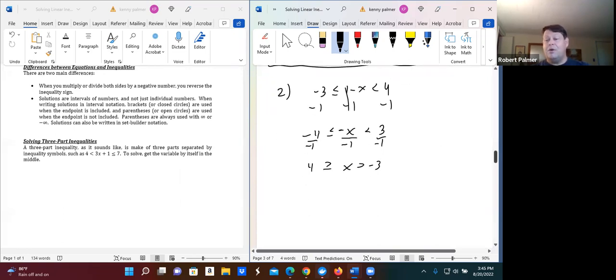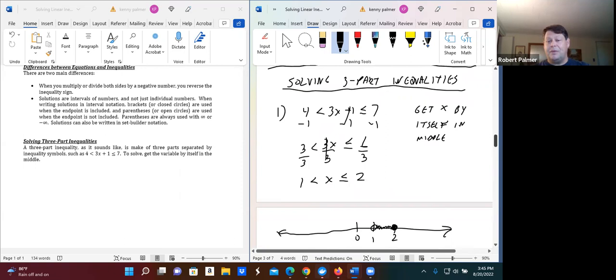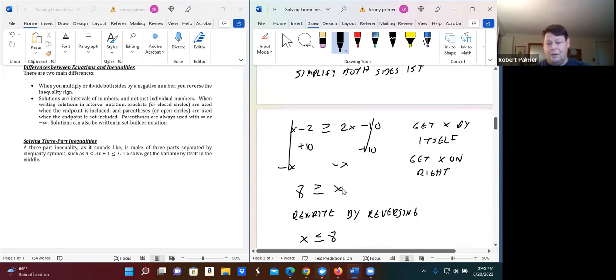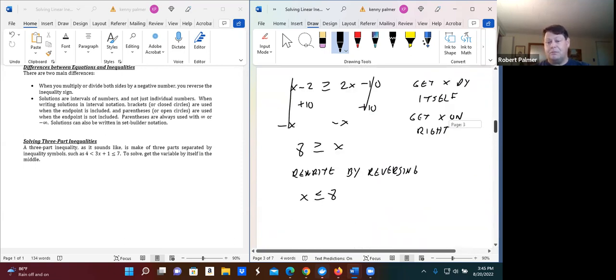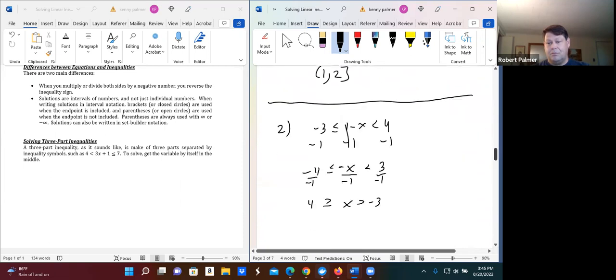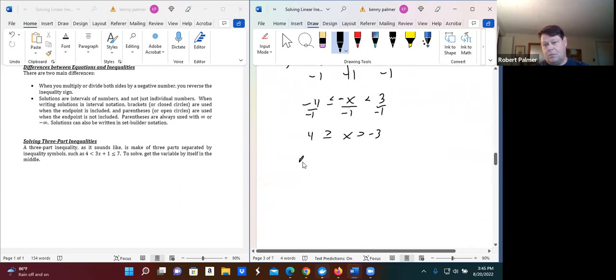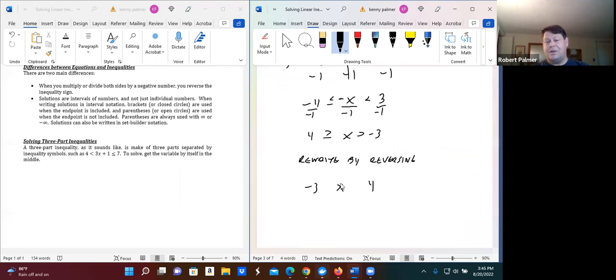Okay. And like the previous example I did before, I can rewrite this in a more normal way, right? I can rewrite it by reversing it. So what that means, I just switch my endpoints here. So I have -3, 4, x in the middle, and just change the directions of my signs.